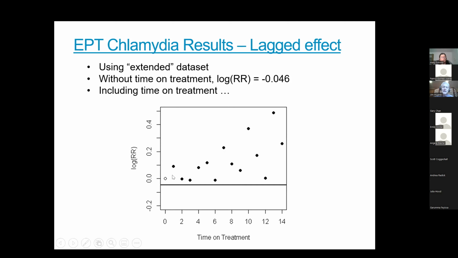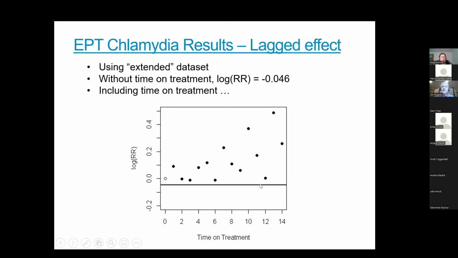What these indicate is the log relative risk for each time on treatment. Okay, so one 3-month period on treatment, two 3-month periods, 3 3-month periods, and so forth. So this is time on treatment. Notice that all of these are actually greater than 0, meaning a relative risk greater than 1.